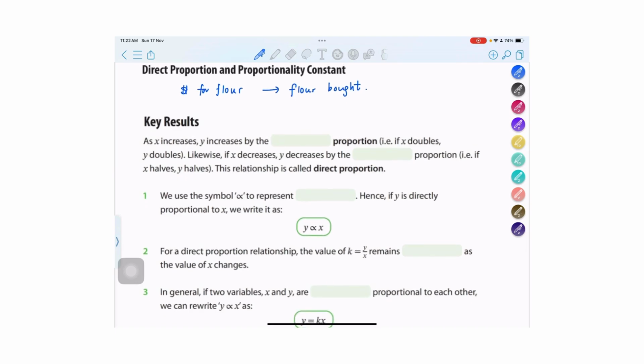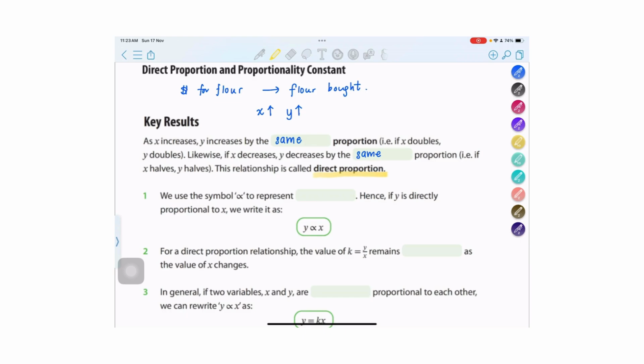By direct proportion, I mean that when x increases, variable y also increases by the same proportion. If x doubles, y also doubles. Likewise, if x decreases, y also decreases by the same proportion. We call this relationship direct proportion.